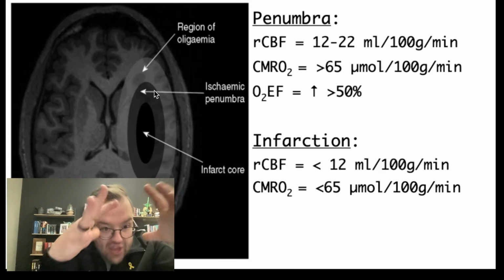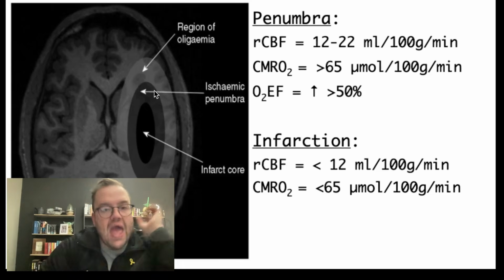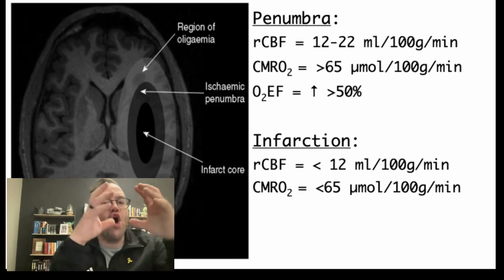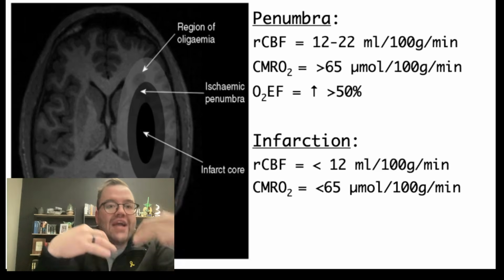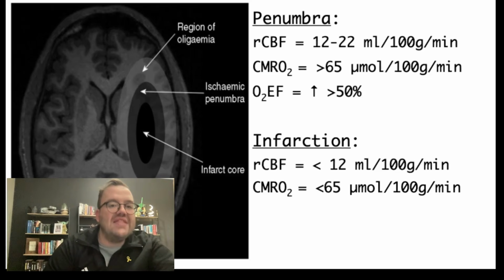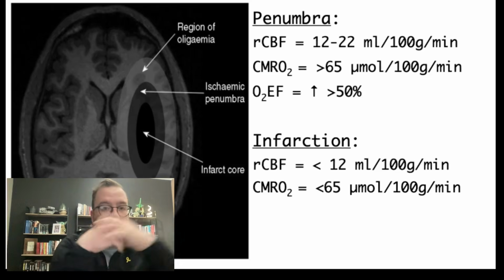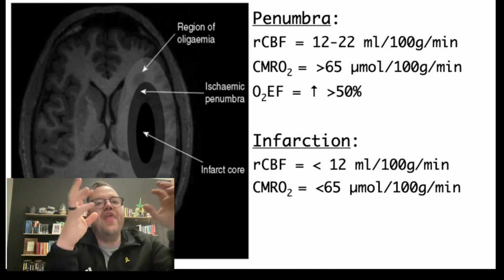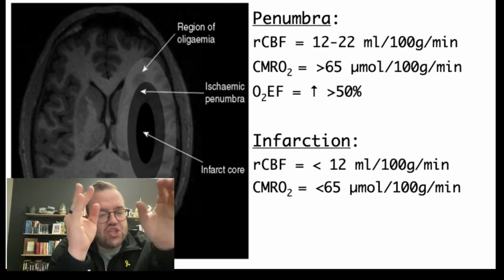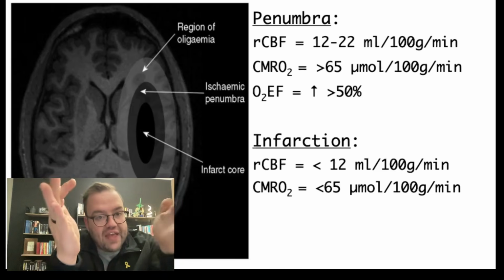It is very hypoxic, very ischemic. And then even surrounding that is an even greater area of oligemia, so-called reduction in blood flow. That means that area of brain is potentially salvageable if we do the right things.